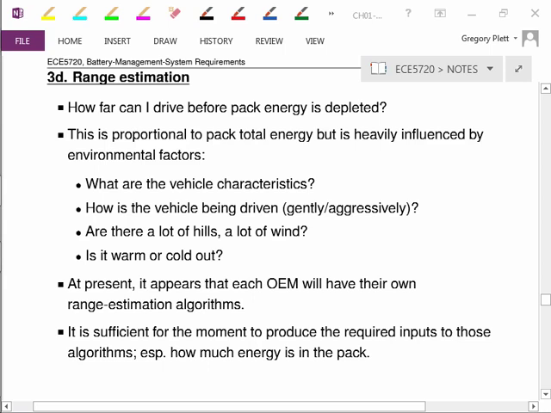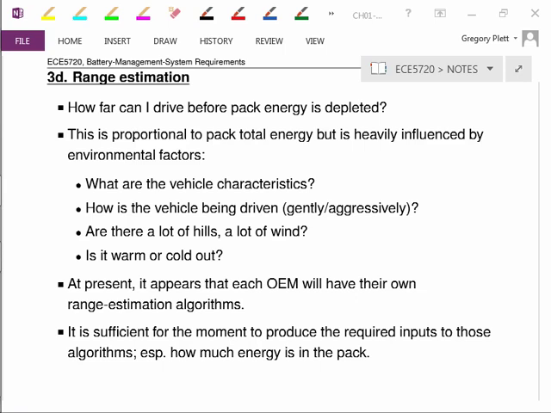It's related to how much energy is presently stored in the battery pack, but it's also heavily influenced by other things that we have no control over, such as the vehicle characteristics themselves. So how many watt hours per mile does it take for the vehicle? If you tell me what that is, and I tell you how many watt hours are available, you can do that calculation. That's easy. But what are those characteristics, and do they change?